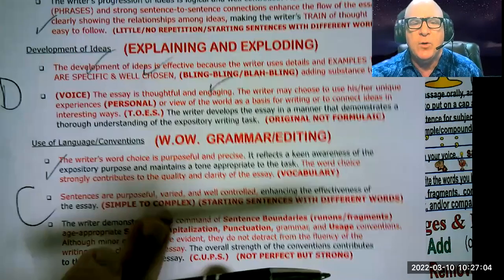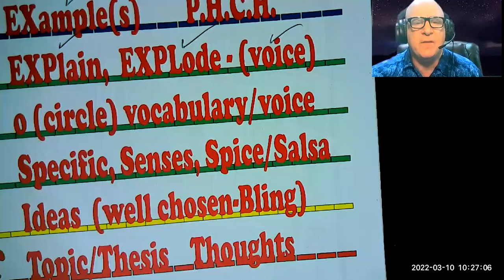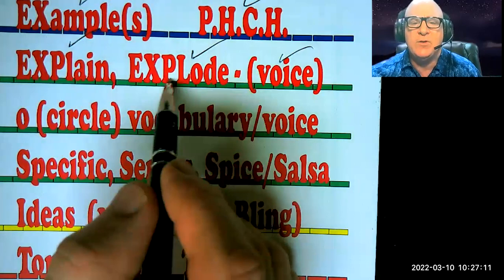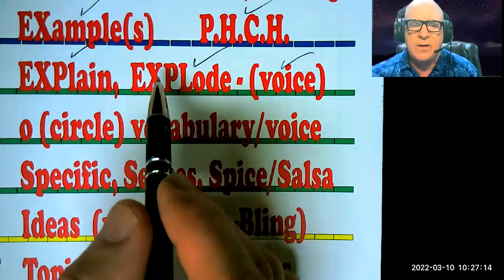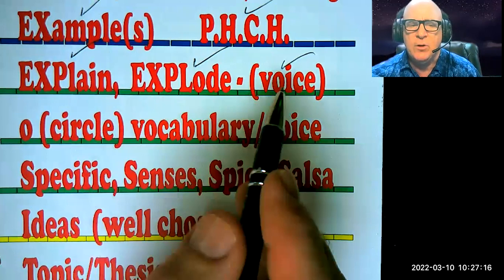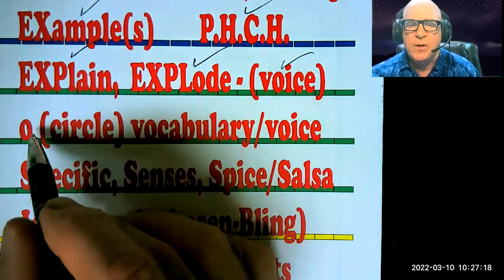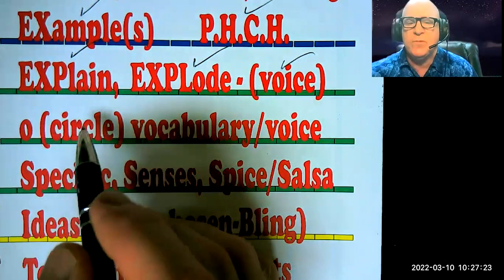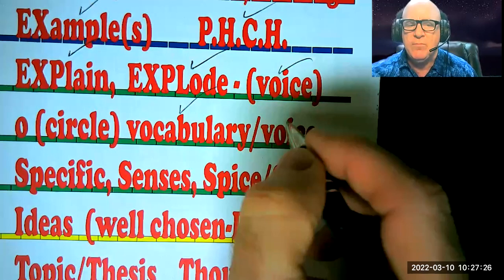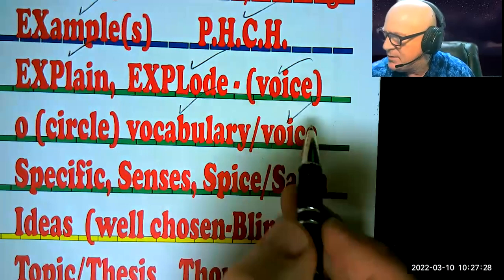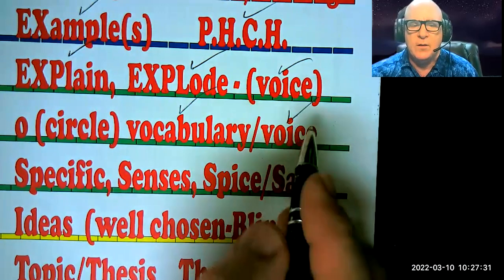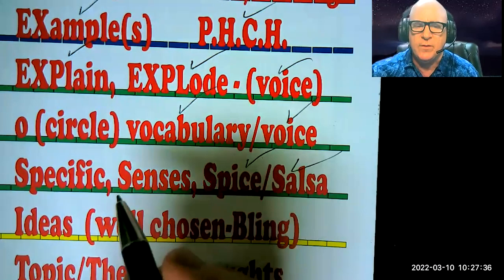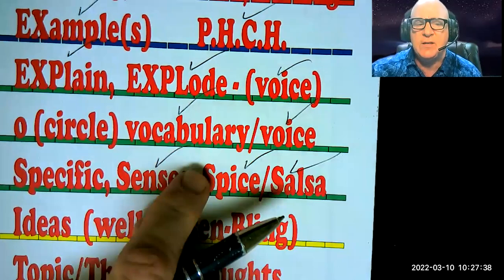And the cool thing, we have Easter coming up where they sell the Easter eggs. So every time your student is exploding by using his voice, or the next letter of expository, O, I'm going to circle all of your higher vocabulary, and each time that you use your voice, your spice, the salsa, your senses, your view of the world, by the way you see, hear, taste, smell, and touch.